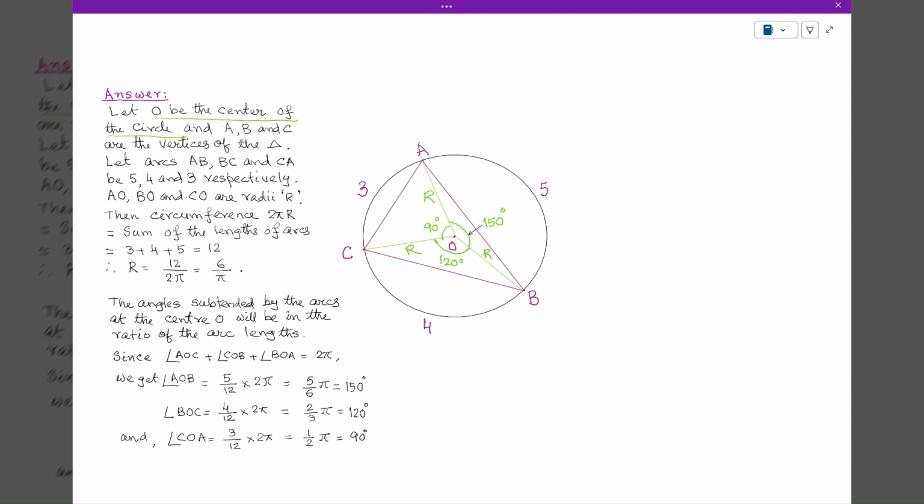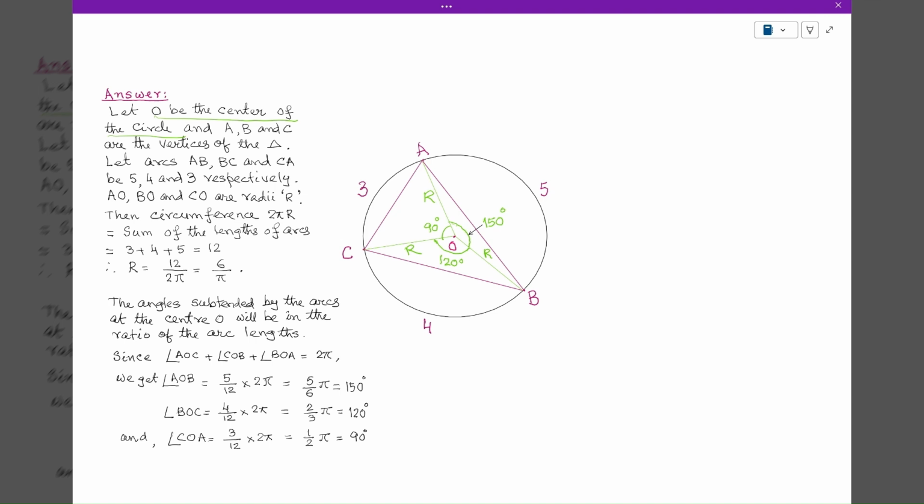AO, BO and CO are three radii of the circle. Let us call them capital R. Then the circumference of this circle is 2 pi R, which is nothing but the sum of the three arcs, 5 plus 4 plus 3.